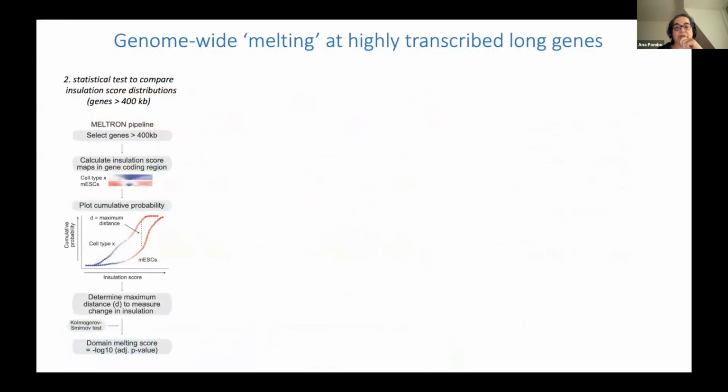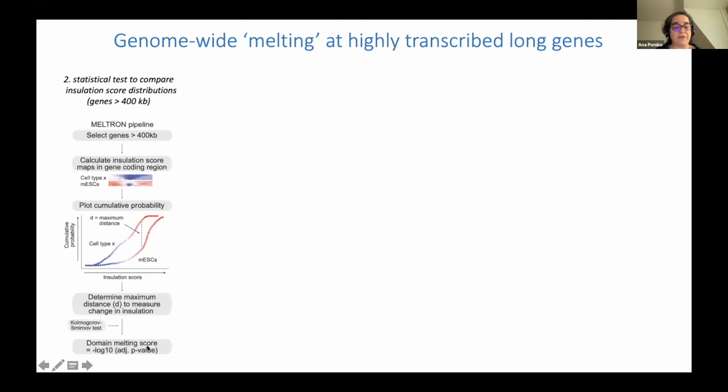Now, we wanted to look at these events genome-wide and unbiasedly, and so Dominic Szabo in the lab developed, in collaboration with other colleagues in the team, a pipeline to essentially quantify this difference in insulation between the maps. With a statistical test we essentially have a p-value for the difference between the insulation in ES and the brain cell type of interest.